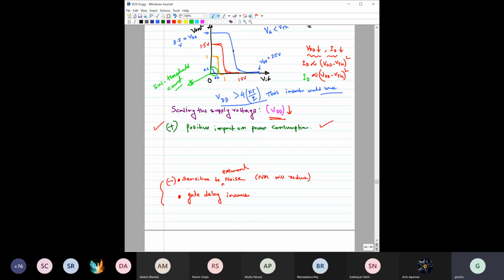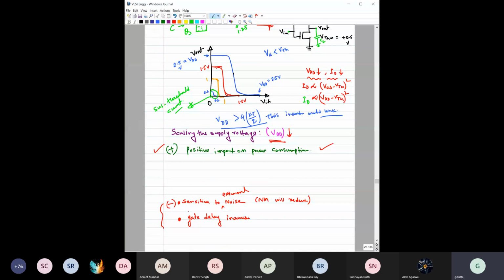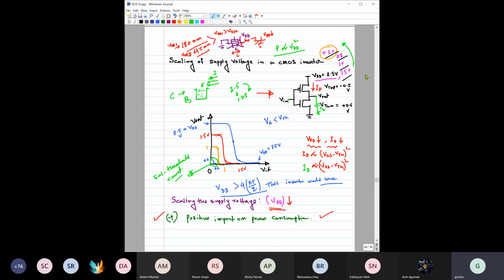I have put it in the next slide, so we will discuss that on the next page. So you can see that you can reduce even the supply voltage below the threshold voltage of the individual MOSFET, and you will still get an inverter action from this. It will work.